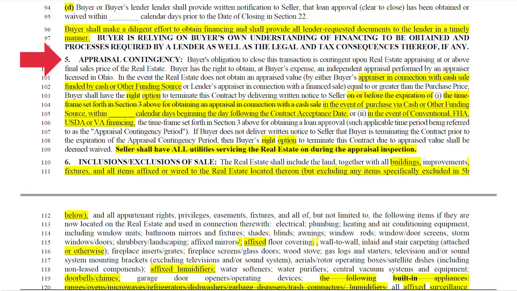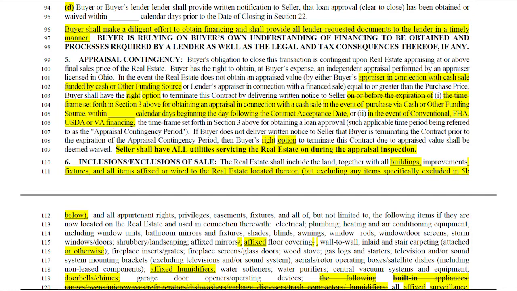Basically, what's here is this language: in the event the real estate does not obtain an appraised value by either buyer's appraiser in connection with the sale, funded by cash, and then pretty much the new stuff is the other funding source. This is just a recognition that beyond being a cash sale, it could be some other kind of funding source.